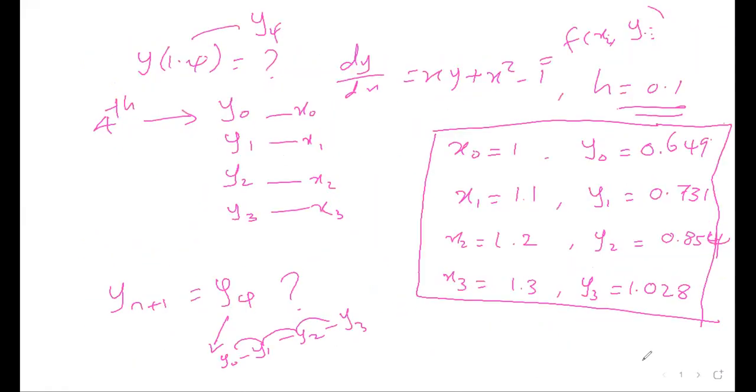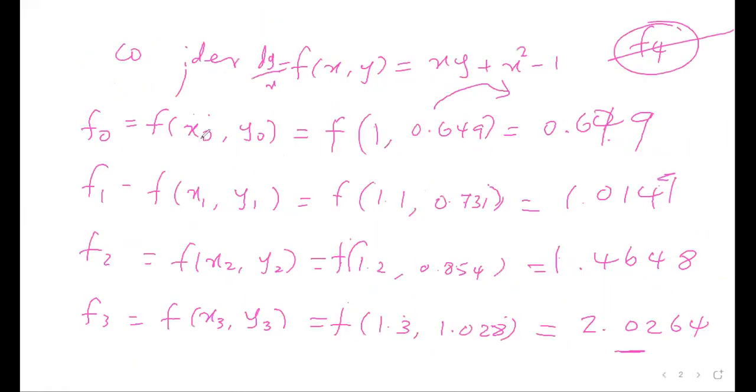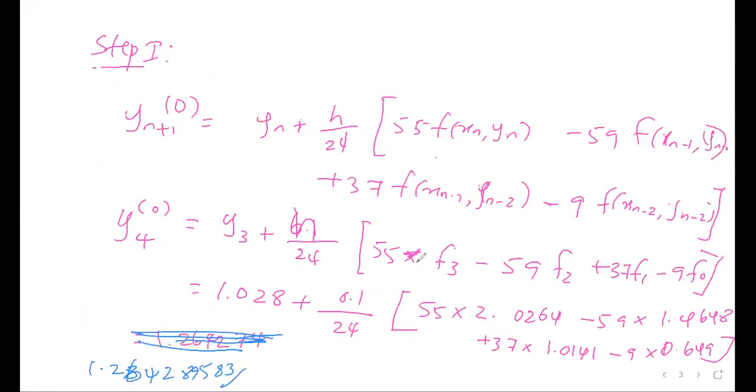See here, I have abbreviated x naught, y naught as f naught, x1, y1 as f1, x2, y2 as f2, x3, y3 as f3. Likewise.